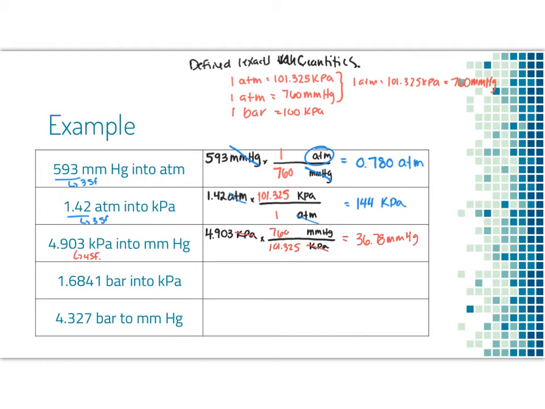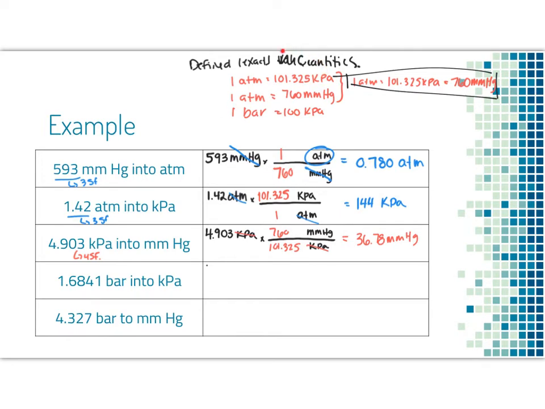Now, if you don't like that, if you're like, I don't actually understand what you've done here, don't worry. I'm going to go the long way, if you will, but using both conversion factors. So if you're looking up here, I can convert kPa into atmospheres, or I can convert kPa into bar. If I convert into bar, there's nowhere else for me to go. I'm stuck at bar.